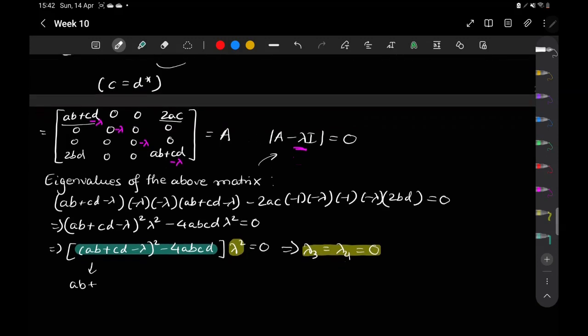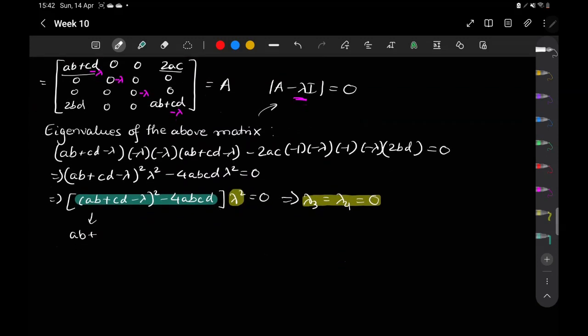And since C equals D star equals C, this is basically mod C squared.